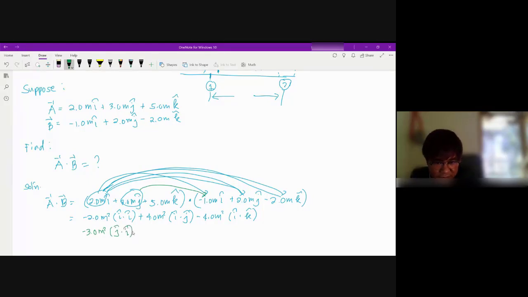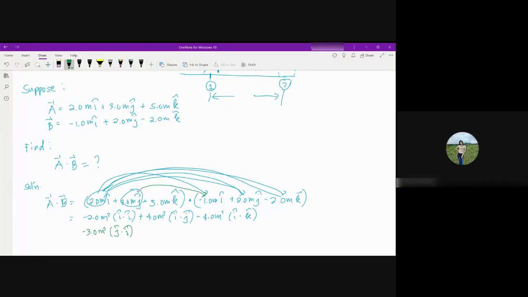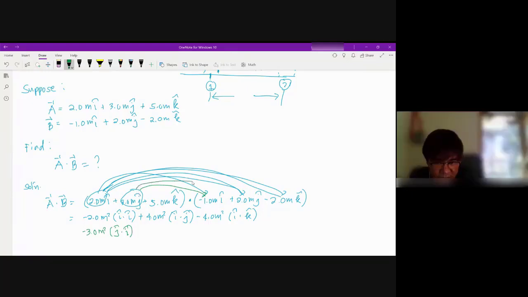Can you follow? Yes, sir. Next, this one: positive 3 times positive 2, that would be positive 6 meter square, m times m. And then you have j dot j.